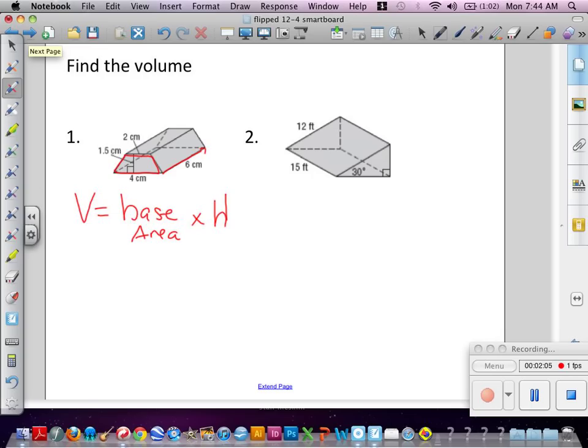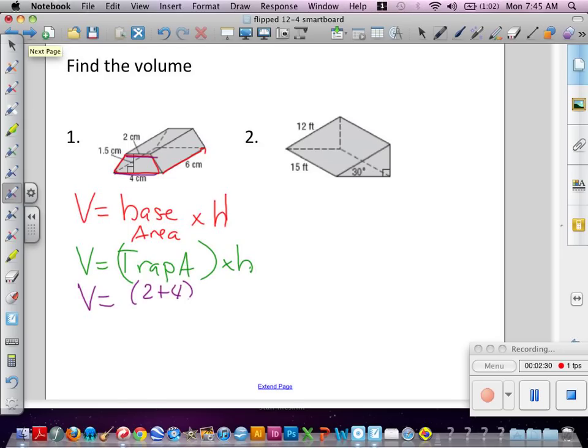So if you were thinking the base was 6 by 4, that is incorrect. The 2 faces that are identical are trapezoids. So to find your volume, you need to find the trapezoid area, and then you need to times it by the height. So to find my trapezoid, I'm going to take my 2 bases, and I'm going to add them together, which is 2 plus 4.